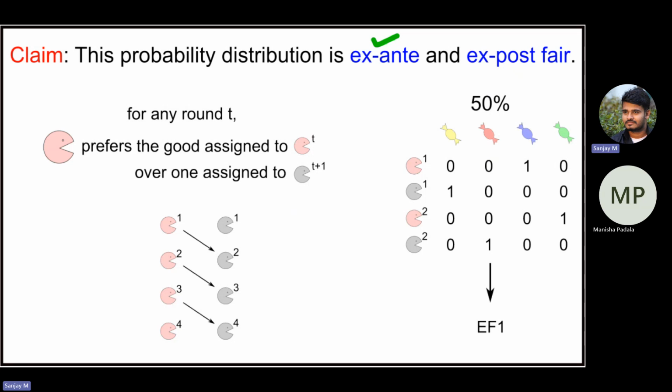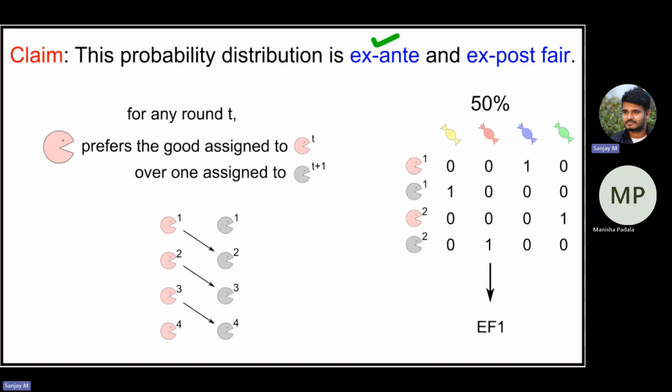Why is that? Well, let's see. I'm going to give a proof by example now. So here's the red agent. Let's say T is equal to 1. So it's getting the purple good. I am claiming that red likes purple more than what the other agent gets in T plus 1, which is the red good. Why?